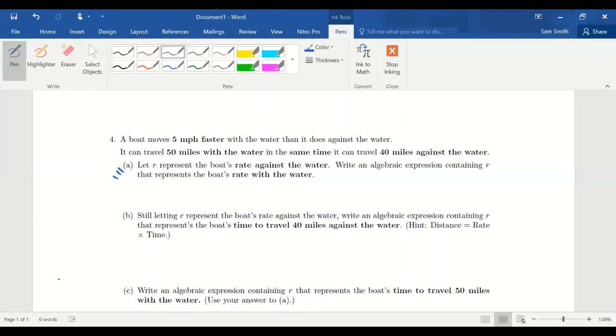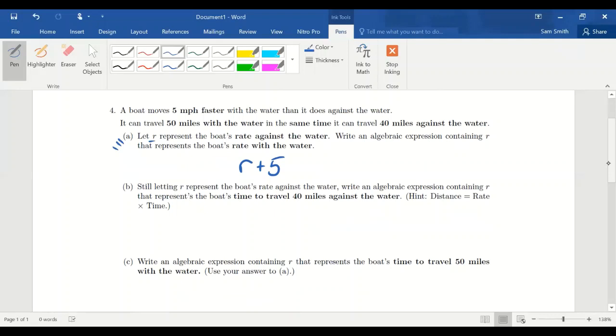Okay, so if the boat's rate with the water is 5 miles per hour faster, then the rate with the water could be found by taking the rate against the water and increasing that by 5 units. So here's the rate against the water, and here's the rate with the water, R plus 5. I'm going to call it there because that's all that part A is looking for.